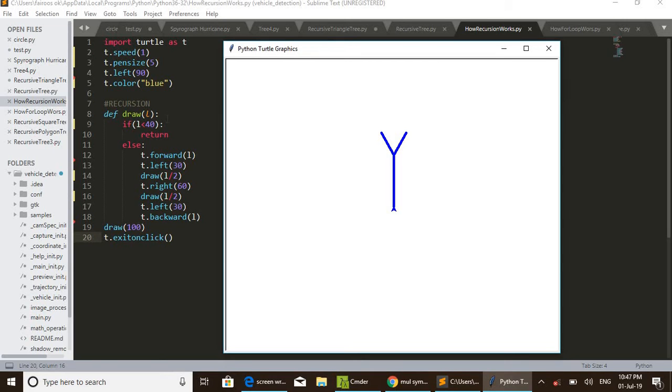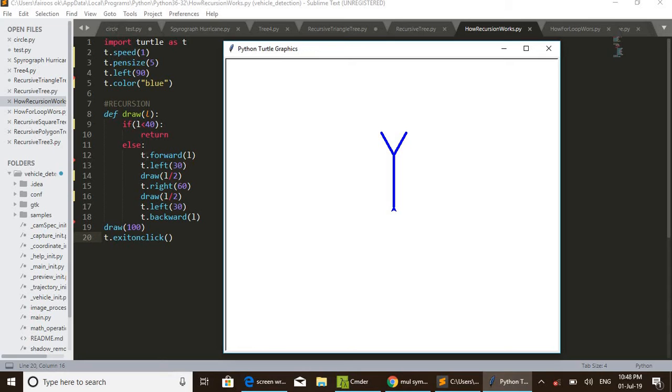At that time it goes to this function with draw 100, that is L takes value 100, and then it checks the condition: if L less than 40, 100 less than 40? 100 is not less than 40, so it goes to else part.